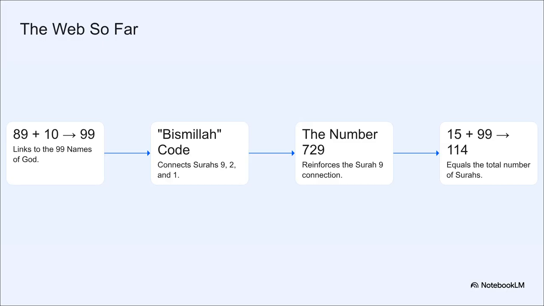So let's just trace the web presented so far. It starts with that calculation from Surah 89, leading to the 99 names of God. Then we have the Bismillah code, connecting Surahs 9, 2, and 1, which is then reinforced by the number 729. The source gives other examples too, like adding Surah 15 to the number 99 to get 114, the total number of surahs. You can see how each connection is meant to build on the last.